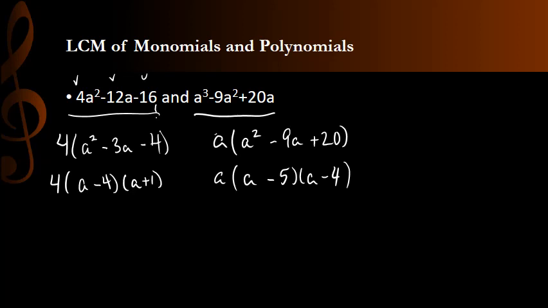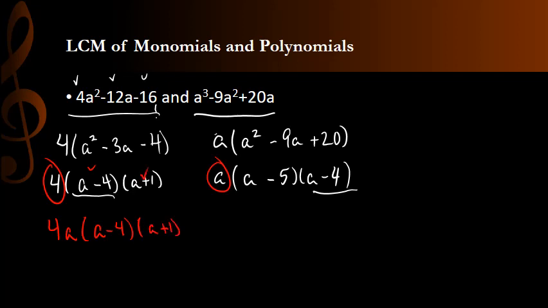All right, so let's see. What have we got in common here? Well, I see a minus 4 in both of these. So my least common multiple of these two polynomials: I've got the 4 and I've got the a, so I've got 4a times one of these a minus 4s, a minus 4, times a plus 1.